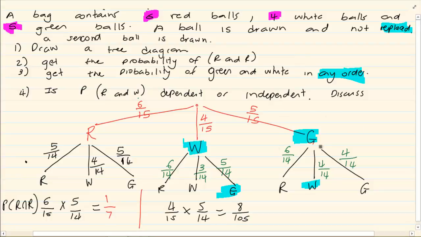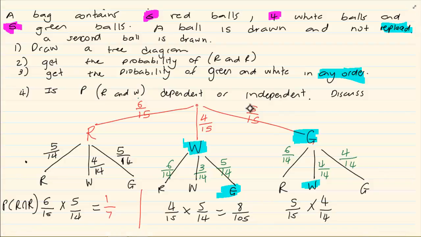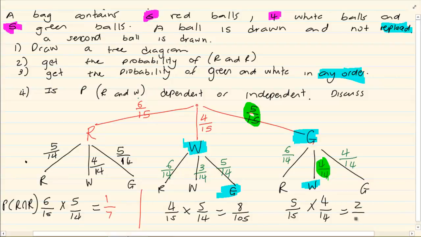Then for the next one, I have 5 over 15 times 4 over 14. So can you see I'm working with this probability times this probability, which is equal to 2 over 21.